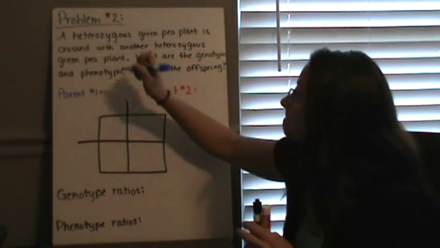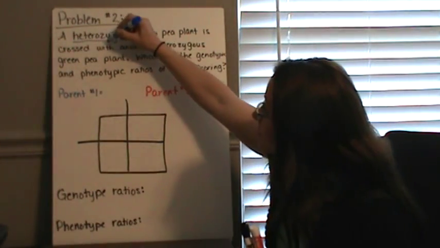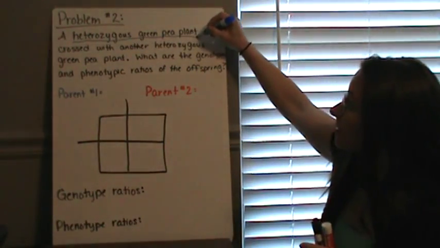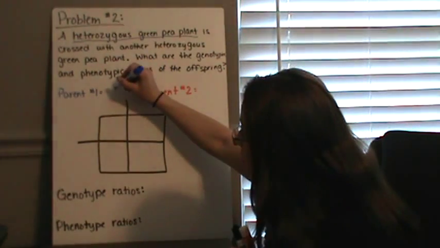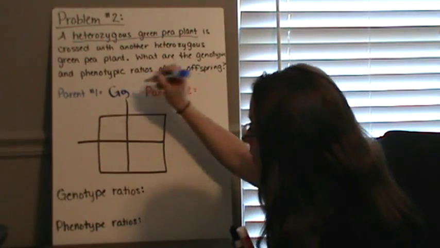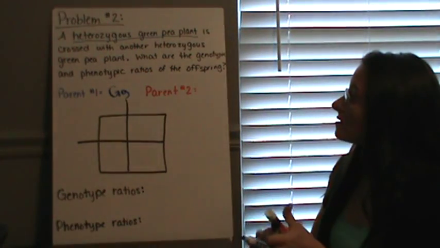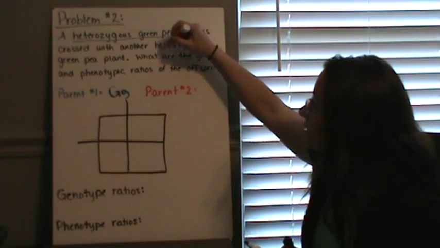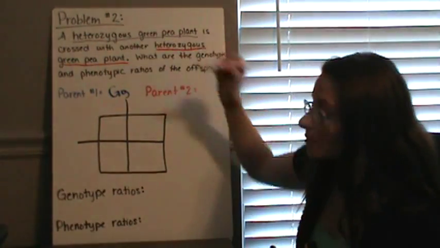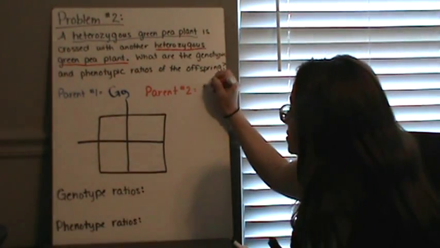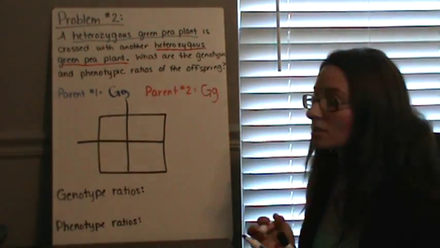Parent number 1 is heterozygous green pea plant. So heterozygous green, we already said, would be big G, little g. And this is crossed with another heterozygous green pea plant. So parent number 2 is also going to be big G, little g.